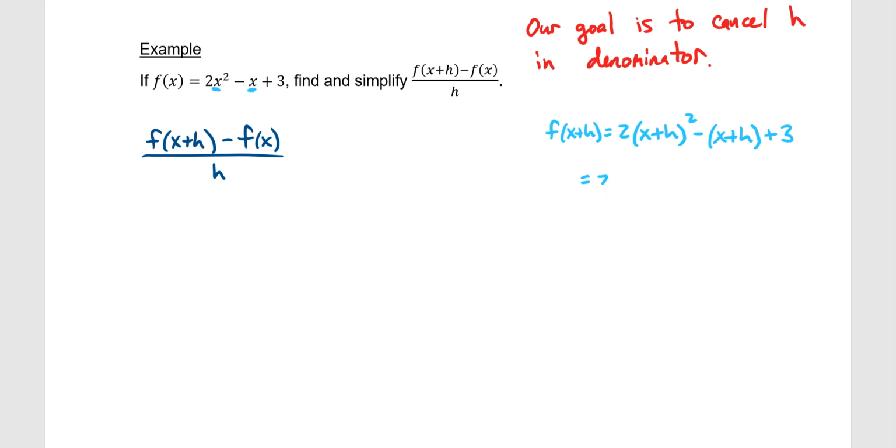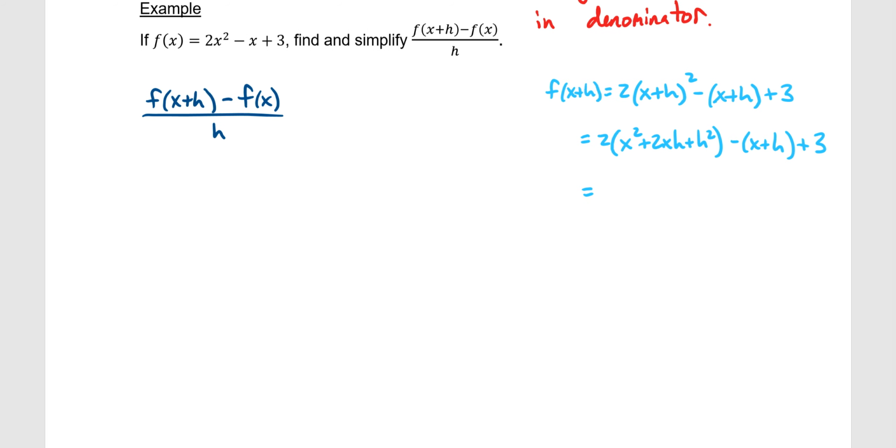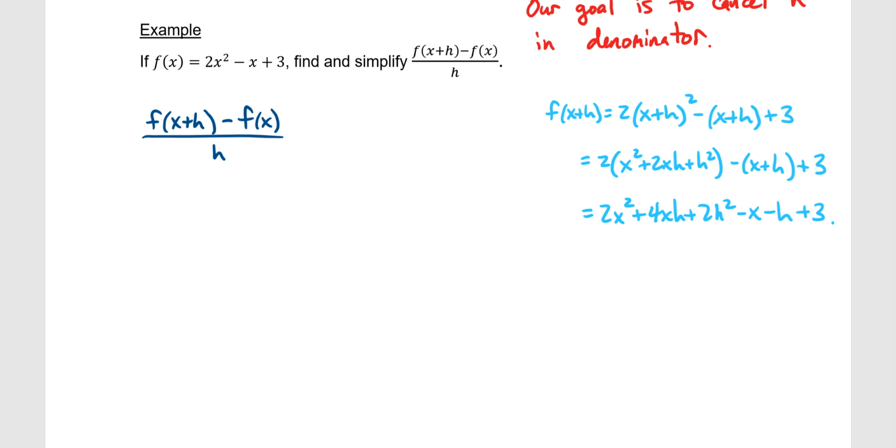That would give us x squared plus 2xh plus h squared, minus x plus h, plus 3. And let's distribute now. Distribute the 2: 2x squared plus 4xh plus 2h squared minus x minus h plus 3. We would try to combine like terms, but there are no like terms, so that is our f of x plus h. Okay, so pretty messy.